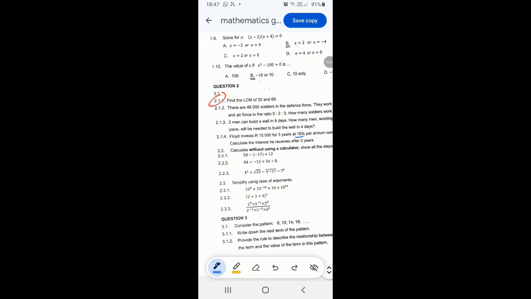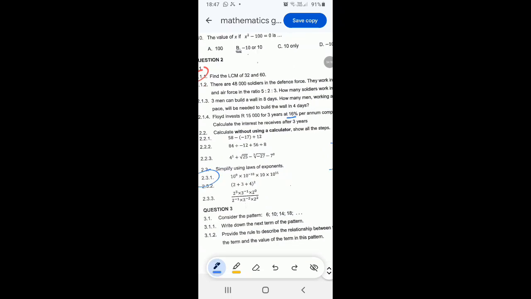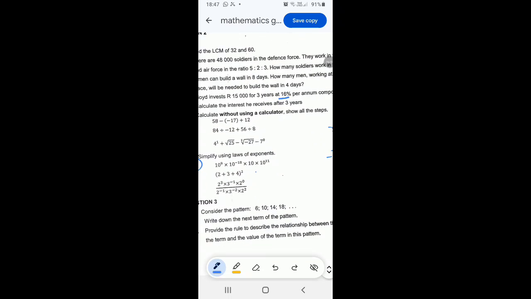2.3.1, this is the last one. Simplify using laws of exponents. So the bases are the same, so what do we do with the exponents? We add or subtract them. So we have 9 there. Minus 18, write it as it is. Some will write plus and then minus 18, which is still fine. Then here we have an imaginary 1, so it's plus 1. Then 11 is plus 11.